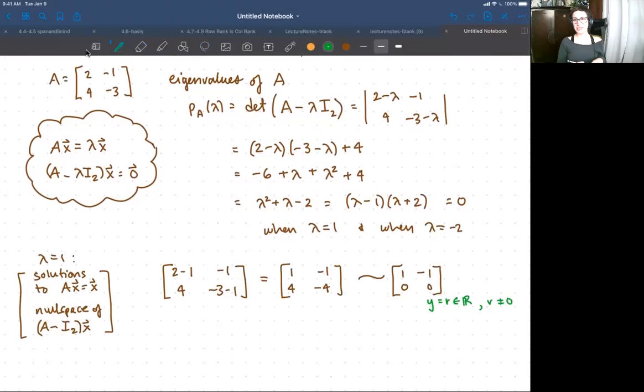We're not going to let it be 0, because then we'd get that x is 0 too, which we don't want, because we don't want a 0 eigenvector.